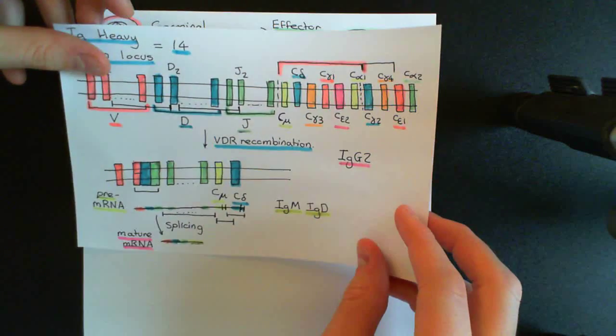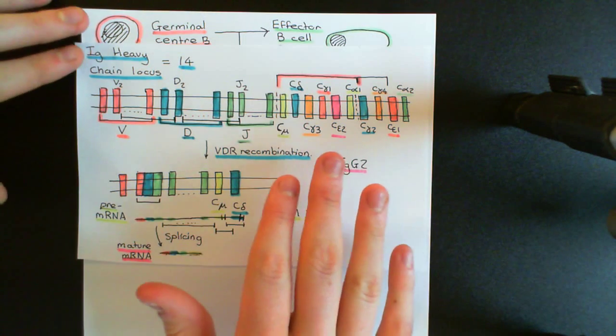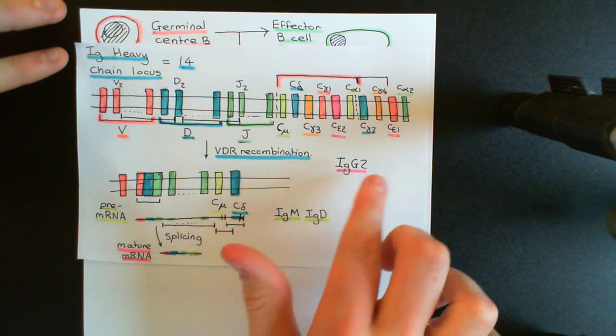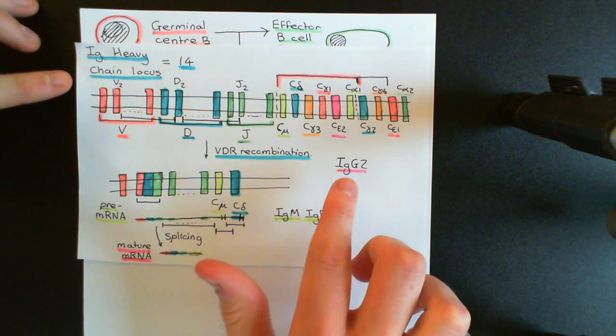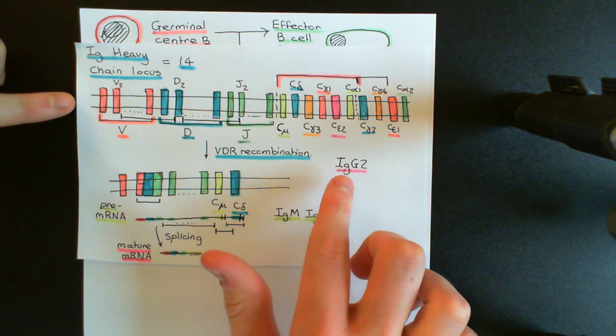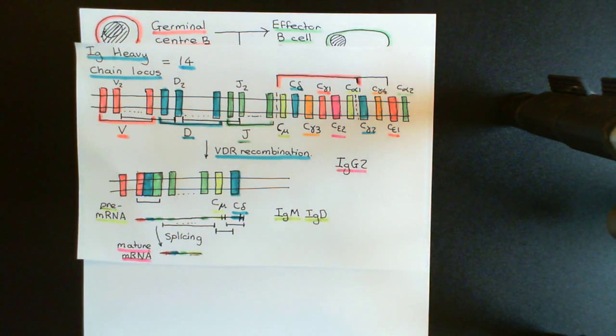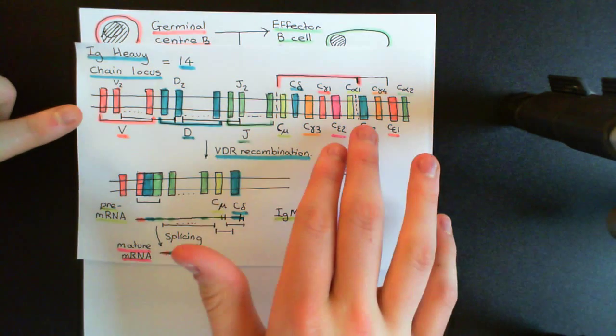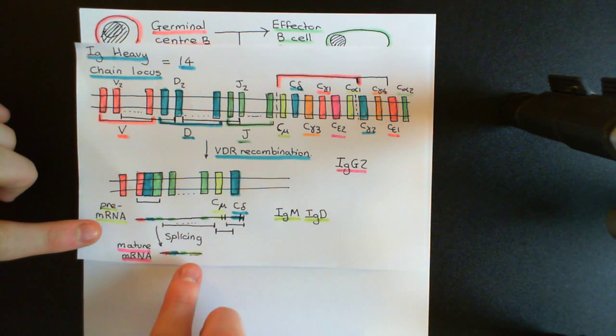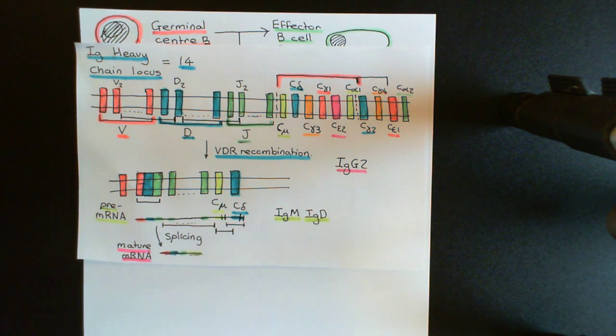So if we bring back up this picture, if the germinal center B cell, for instance, had class switched, and now the immunoglobulin heavy chains that it produces are of the IgG2 type, then of course when it produces secreted immunoglobulins, all it's going to do is splice out the portion at the end of the constant gene segment which pertains to the membrane implanting portion of the immunoglobulin heavy chain, but it won't change which gene segment it's using for the constant region of the immunoglobulin heavy chain.